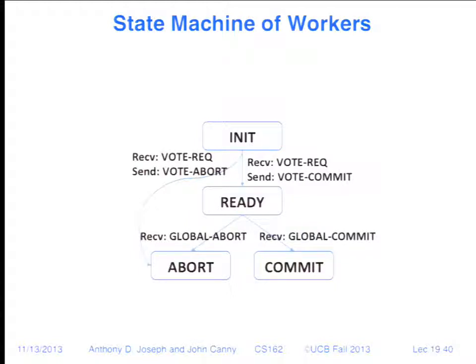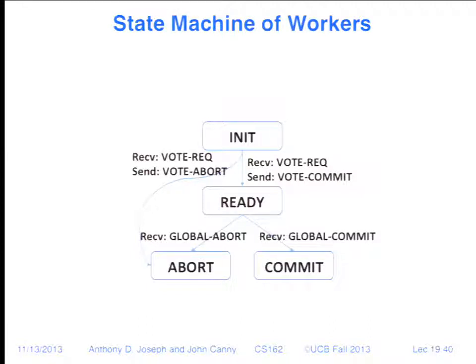For the workers, you initiate the commit on a worker. You receive the request from the master node to commit the transaction. Either you send a vote to commit or you send a vote to abort.